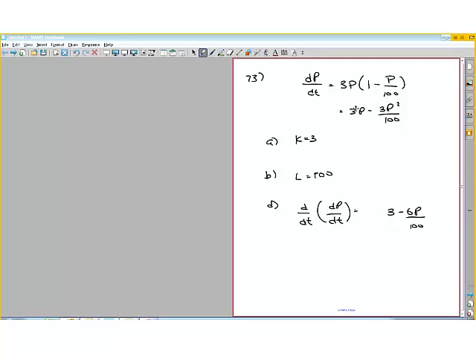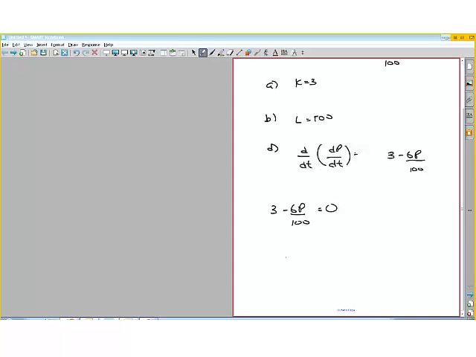So if I take the derivative of that, I'll get 3 minus 6P over 100. And we want to set that equal to 0 to find a maximum or minimum. So let's multiply both sides by 100, so you get 300 minus 6P is equal to 0.